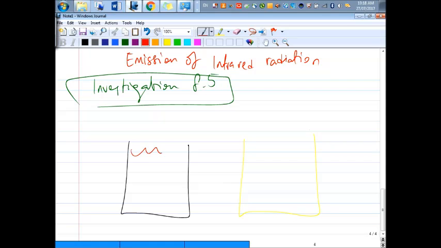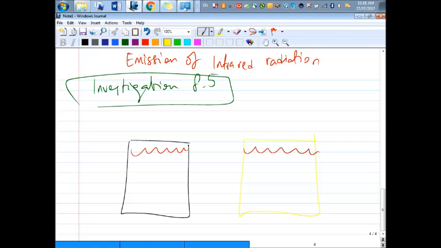Let's use red color. Boiling water. Now, we know that after some time, the containers are going to cool down. When you give it enough time, temperature will drop. But which one will drop first? Why?